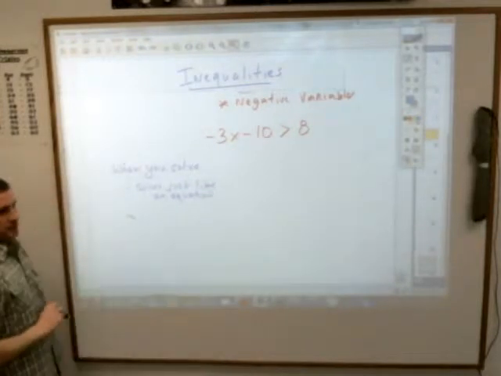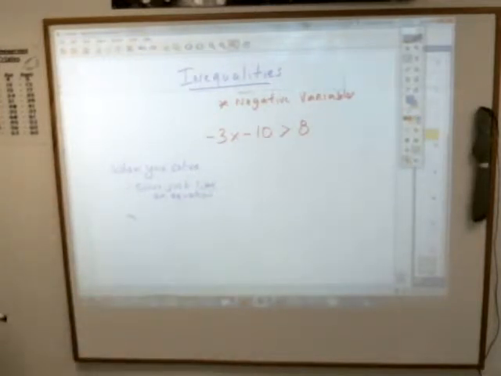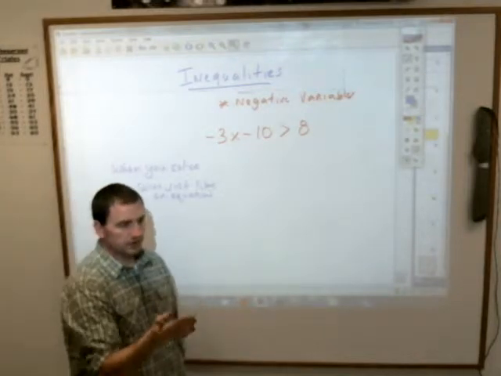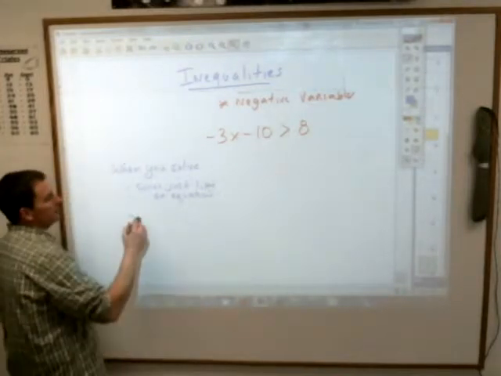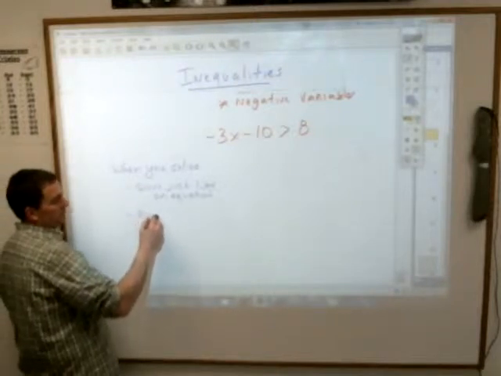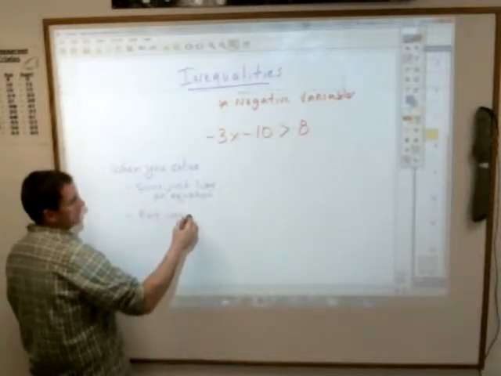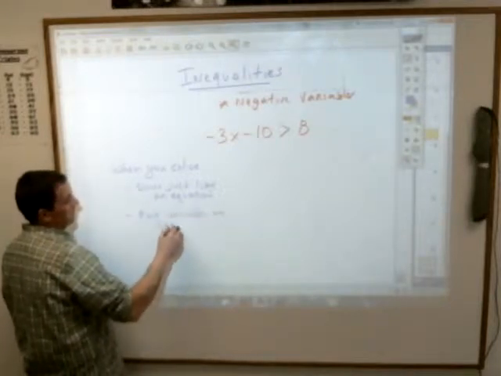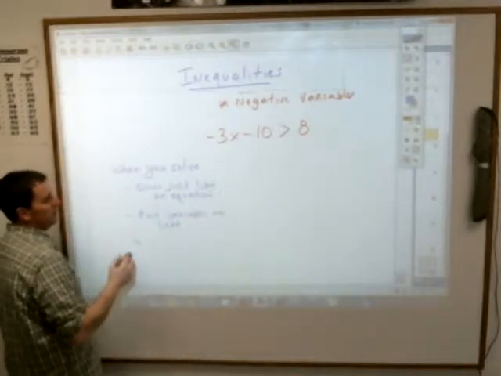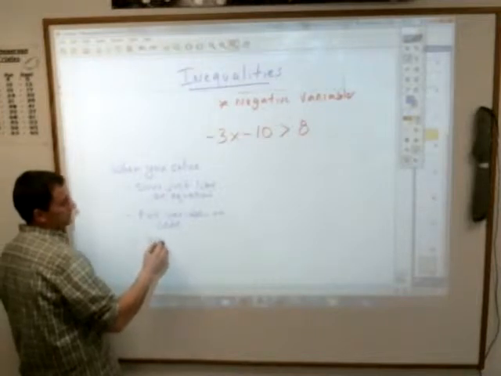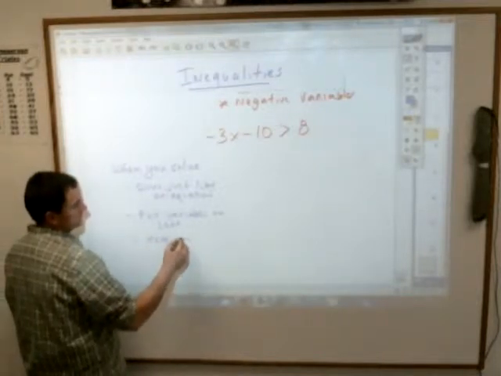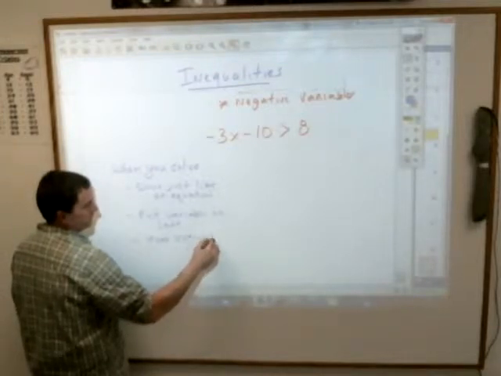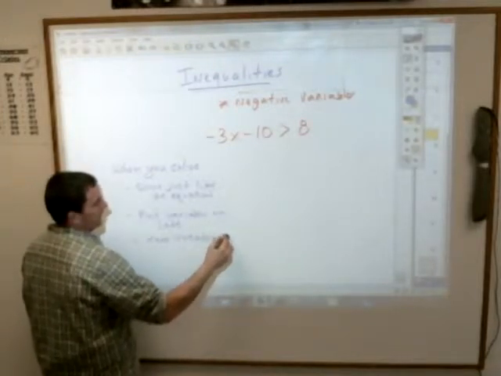The only difference is that with an equation it doesn't matter what side the variable is on, but with an inequality you must put the variable on the left side and you must make the variable positive.